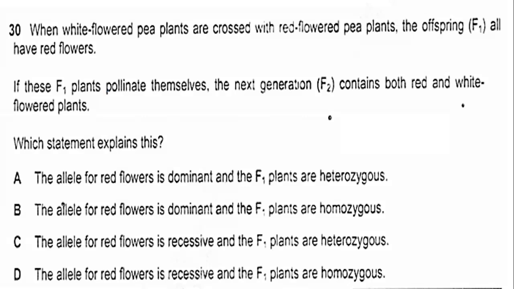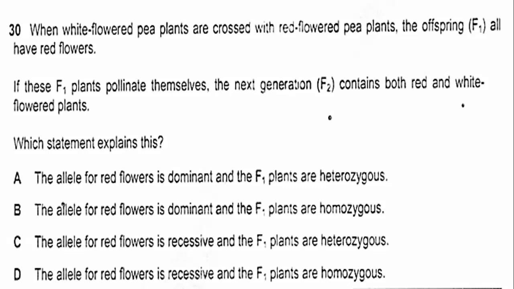When white flowered pea plants were crossed with red flowered pea plants, the offspring in F1 were all red flowered. So this means that they were both homozygous. So the white flowers were homozygous recessive, while the red flowers were homozygous dominant. So this means that all of the F1 generation are heterozygous, taking one allele from the red flower and one allele from the white flower.